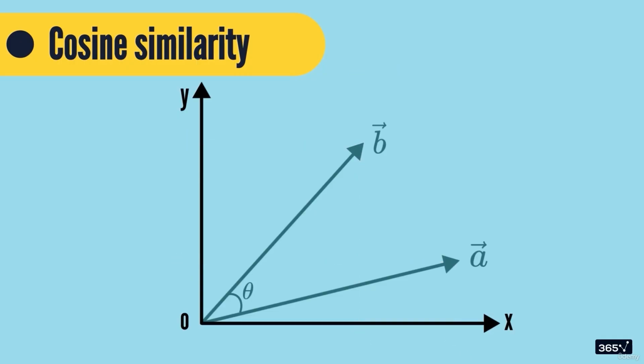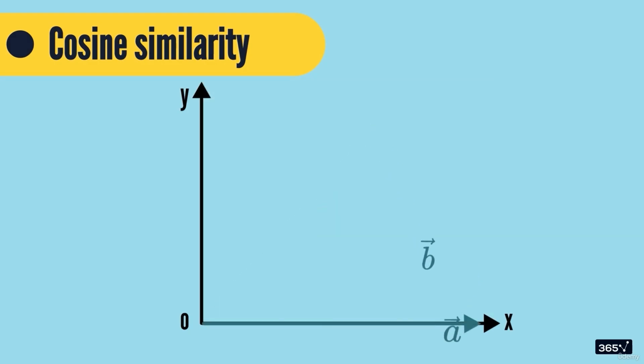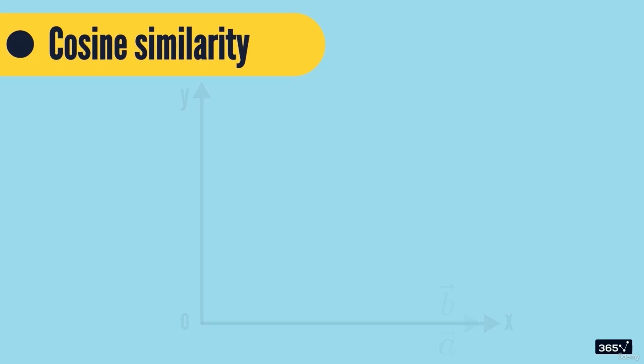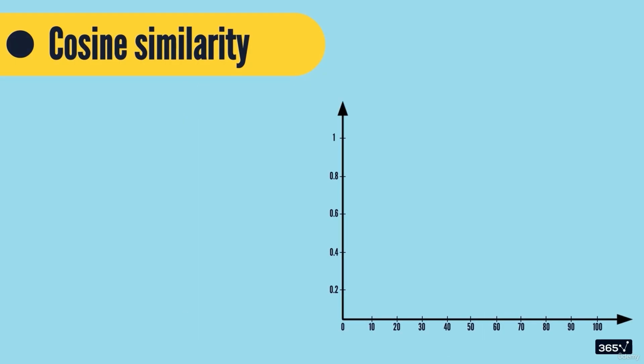For simplicity, let's position vectors A and B in the first quadrant of the coordinate system. If they happen to be parallel to each other, the angle between them becomes 0 degrees. Using a calculator or a trigonometry table, you can ensure that the cosine of 0 degrees is, in fact, 1.